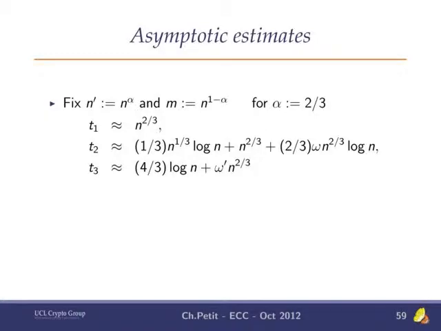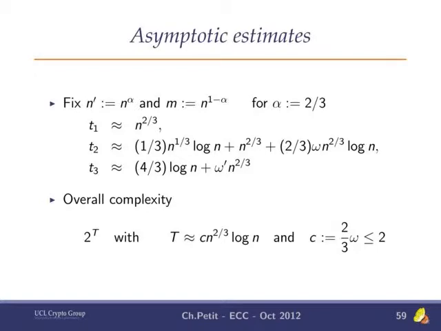Here, the main component is this one, which is n to the 2/3 times, let's say, log n. And here the main component is this one, which is n to the 2/3 again. Okay, so here it is. We get that, that, and that. And then the main term of all of those is really this one.